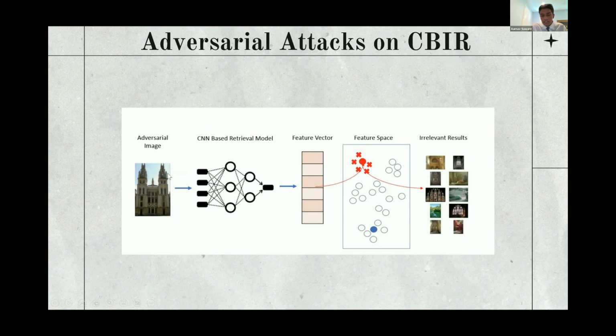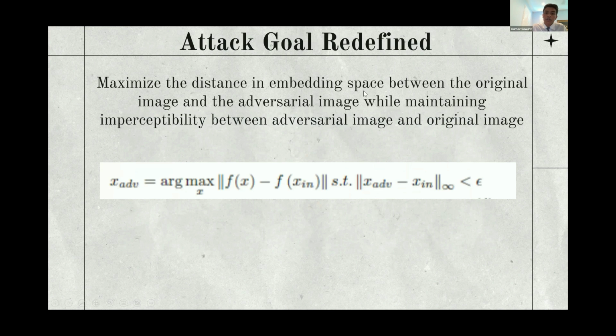Knowing that it converts an input image to a feature vector, we can see that generating an adversarial attack for CBIR is as good as trying to move the adversarial image in the feature space away from its original embedding, so that it can pick up a new set of images based on the same distance metric. More precisely, the attack goal can be redefined as maximizing the distance in embedding space between the original image and the adversarial image while maintaining imperceptibility between the adversarial image and the original image.